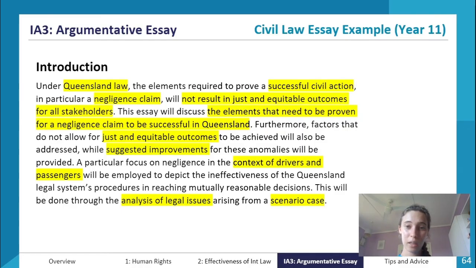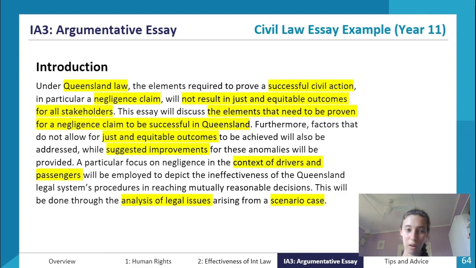Now, the thing about year 11 is that usually it gives you a really good idea of what will happen in year 12, and it's reflecting the different assessment tasks. So hopefully in year 11 you did get experience doing an argumentative essay, and at that stage it probably was on civil law, if you had the same experience as me.